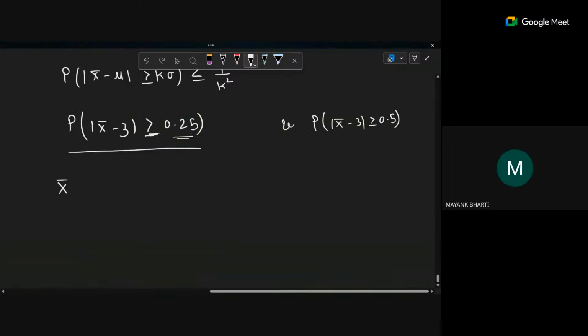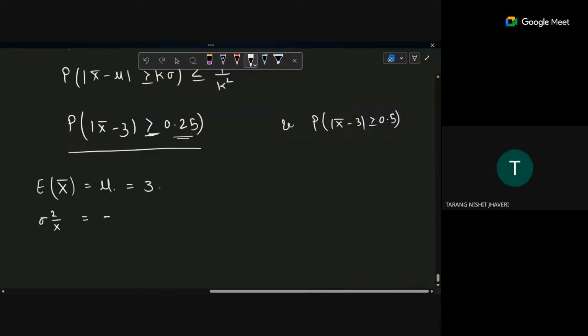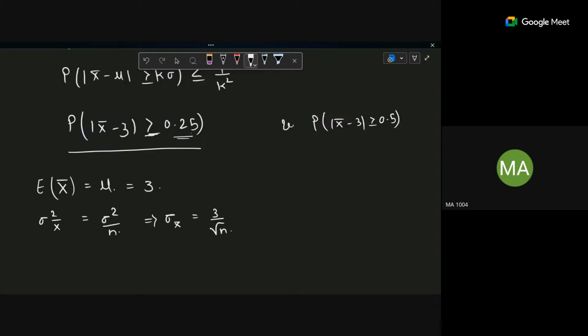The mean of x bar will be mu, and the variance will be sigma square by n. Okay, so may I write it as the expectation of x bar? Is it fine? Yes. So ma'am, that will be 3, right? Yes. And what about sigma square of x bar, or sigma x bar? Sigma square by n. Okay, but we need sigma x bar only, right? Yes. So that will be 3 by square root n. Fine. The square root of this one. Yes. Okay.